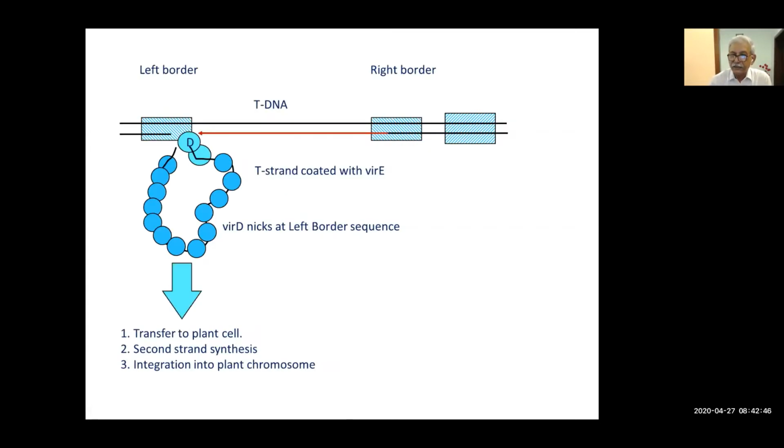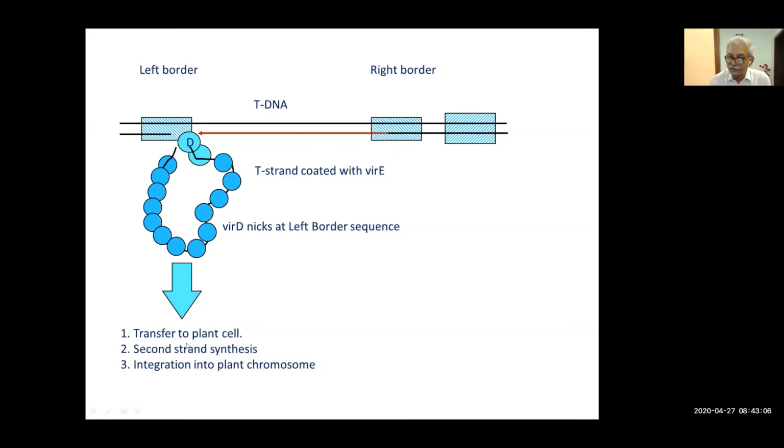So the second cleavage by Vir-D2 releases this tDNA, bound to the Vir-E proteins, and this is the complex which is transferred to the plant cell.